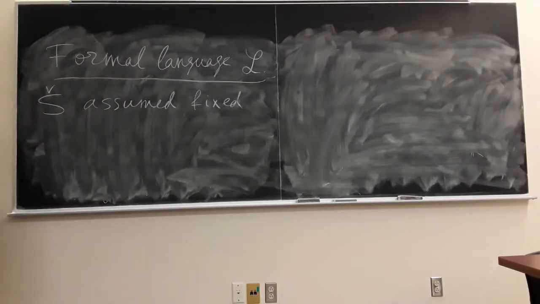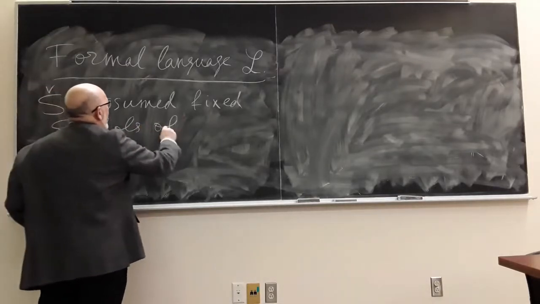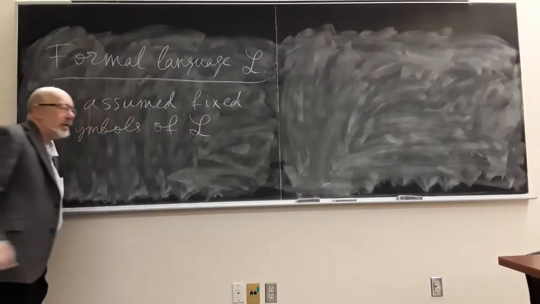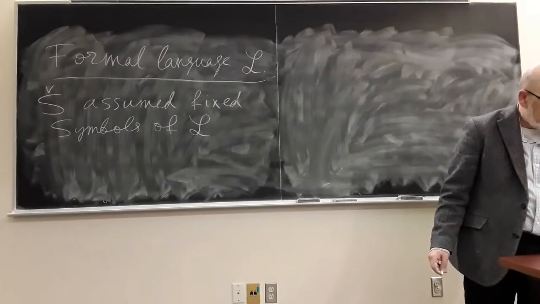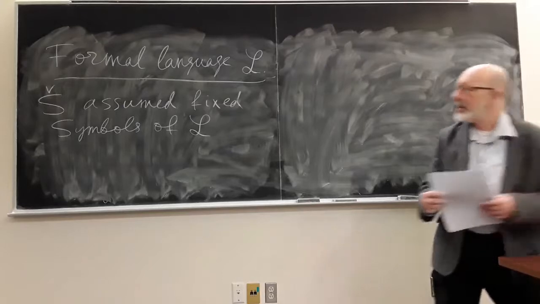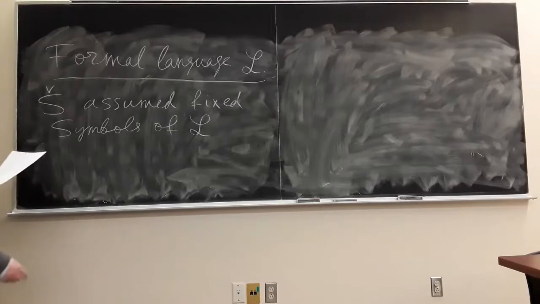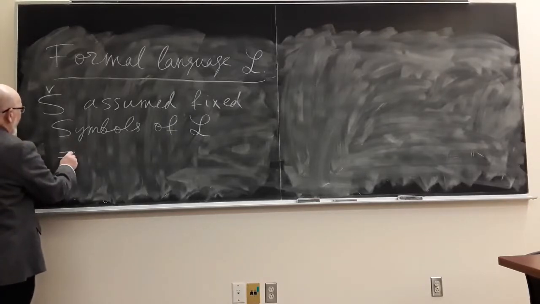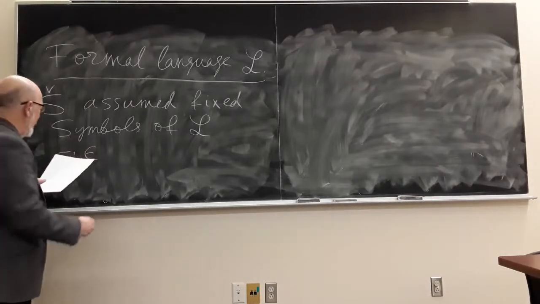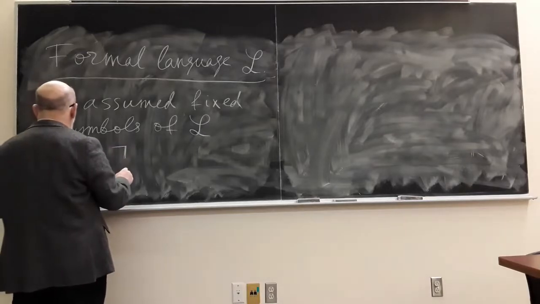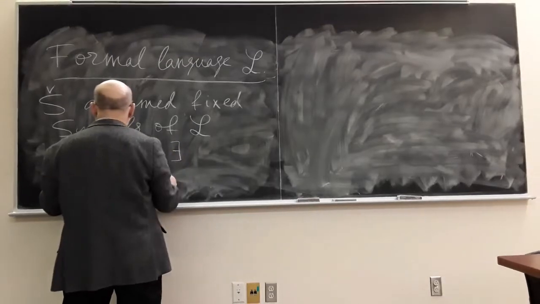In the language, we have symbols of L. These symbols fall into three groups. The first group are, I would say, general logical symbols. They are the symbols equal, element, not, and, exists.